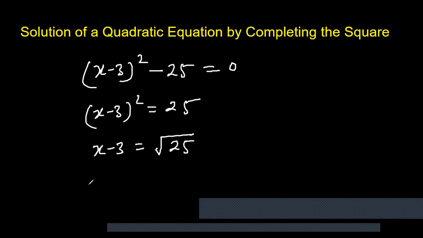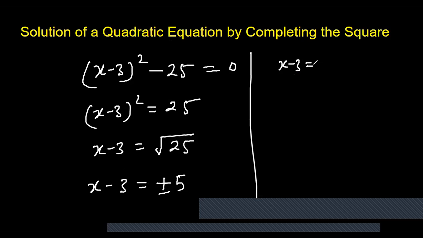This can be written as x minus 3 is equal to plus minus 5. And this equation can be solved further. x minus 3 is equal to 5. That will give x is equal to 3 plus 5, or x is equal to 8.